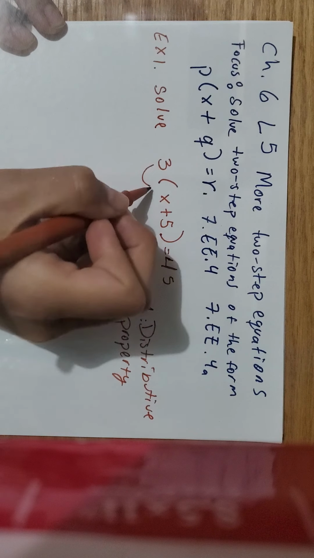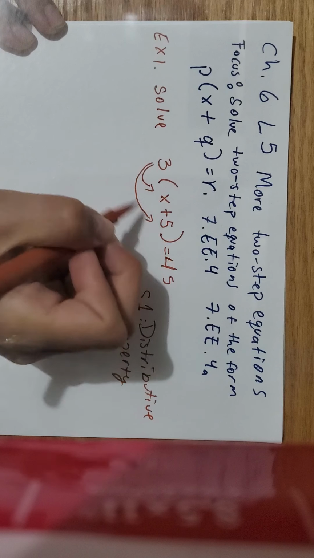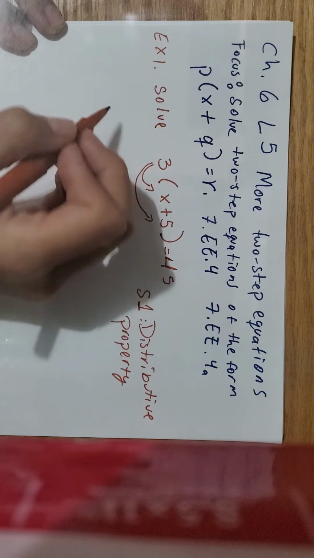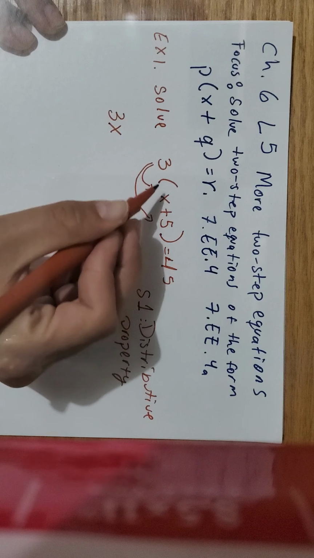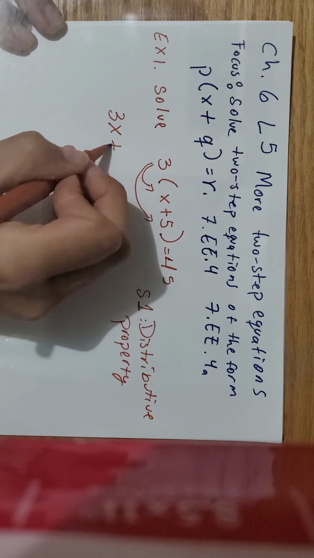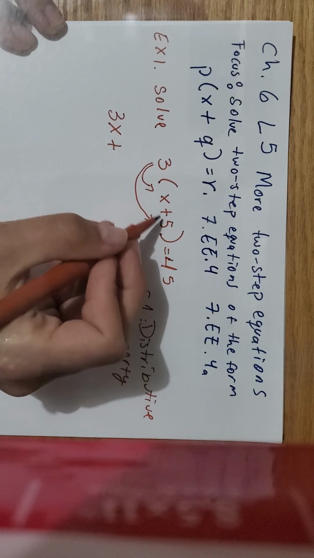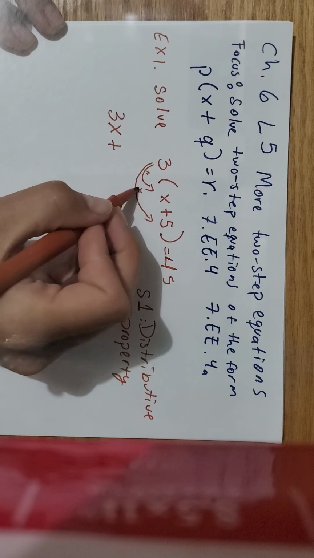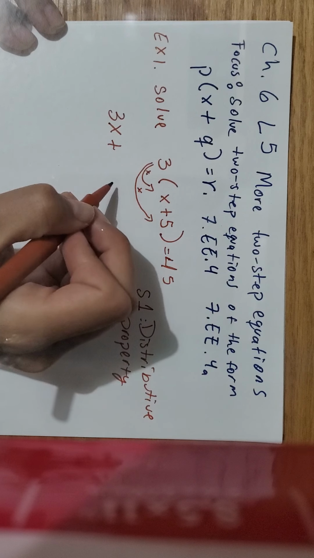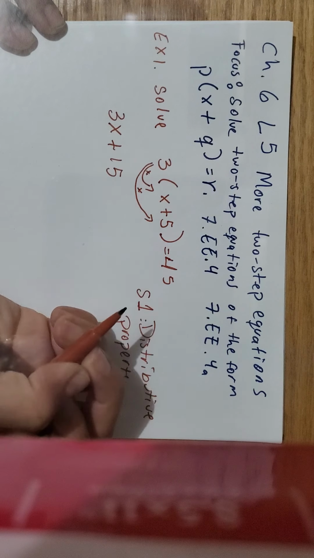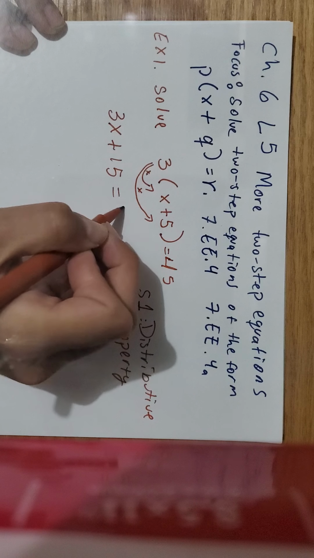So that means that we're going to multiply the 3 times the x and 3 times 5. So 3 times x is 3x. And then the plus just follows along. 3 times 5 equals 15. Okay? And then the rest of it just follows along.